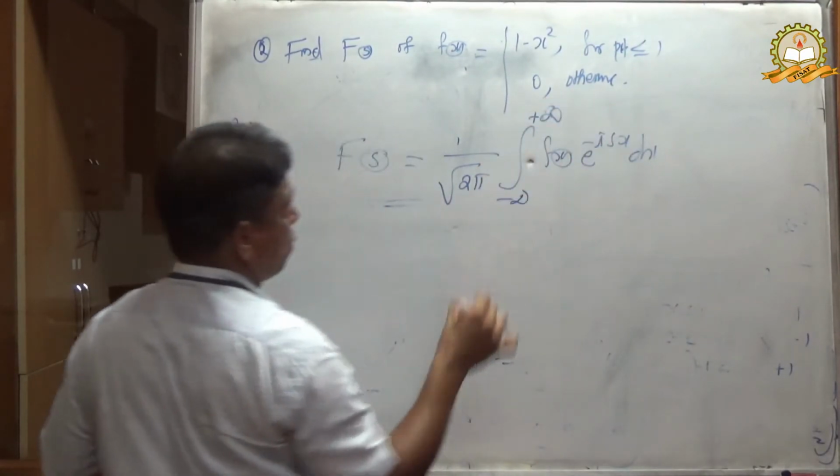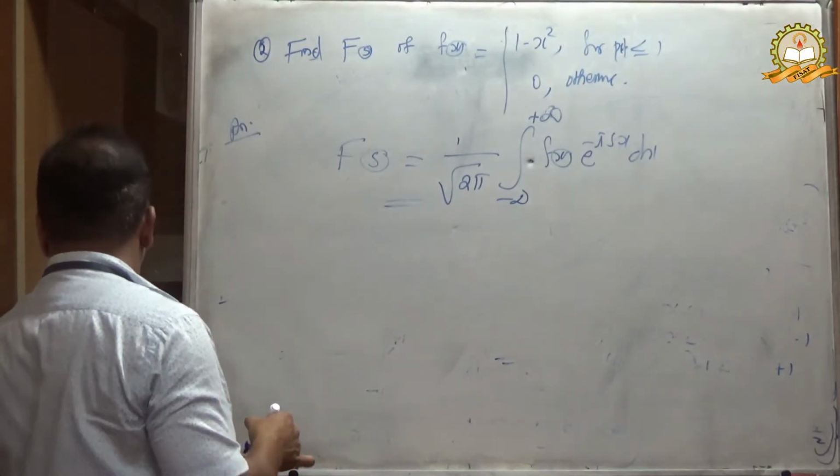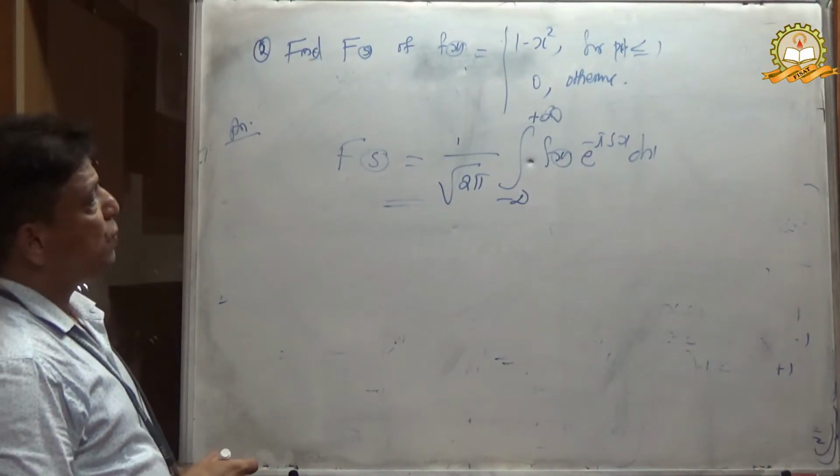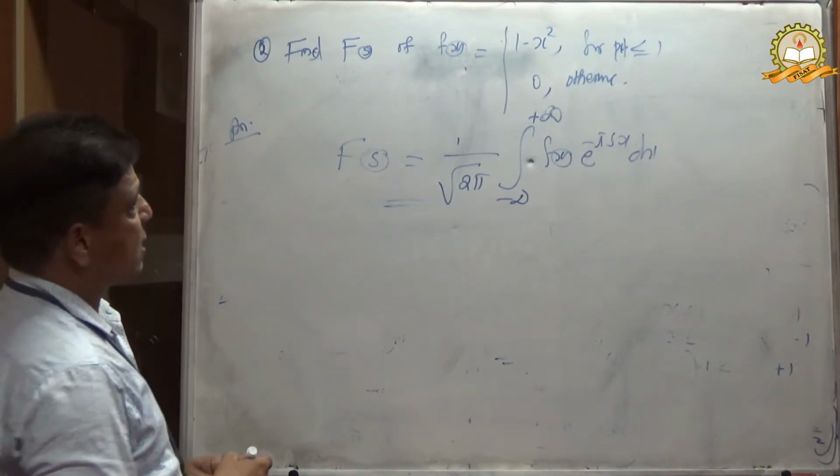We write the formula. Formula is 1 by root of 2 pi, minus infinity to plus infinity f of x e raised to minus isx dx.